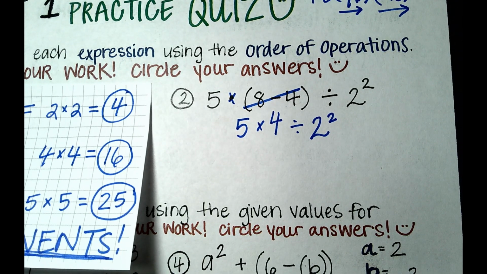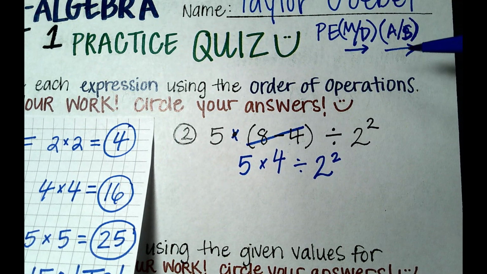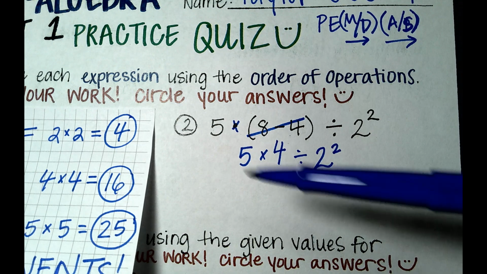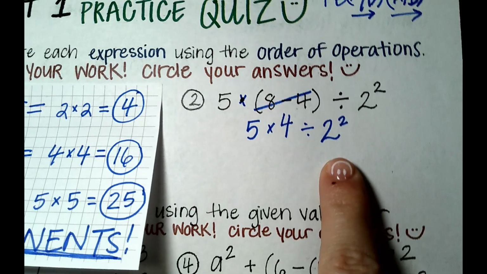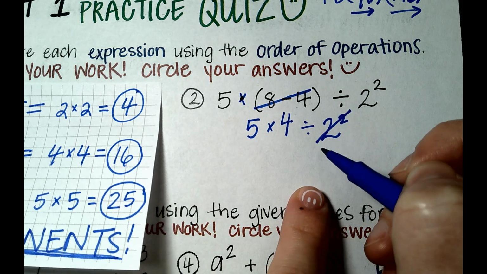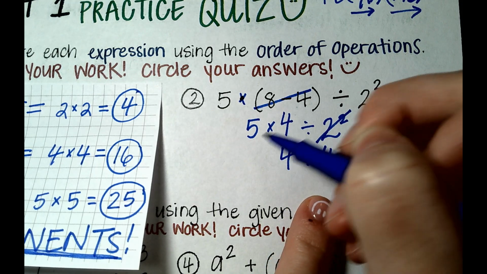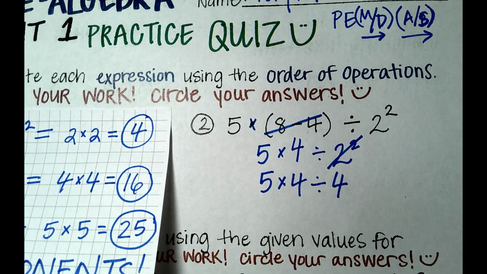Okay. So now there's no more parentheses. We might think, okay, let's go right to the multiplication and division because we haven't seen a lot of exponents. But exponents exist. Do we have any exponents? Yes. 2 squared. What is 2 squared? 4. Good. So now I'll bring everything else down again. 5 times 4 divided by 4.